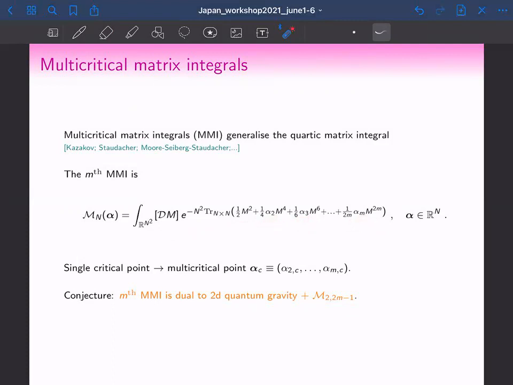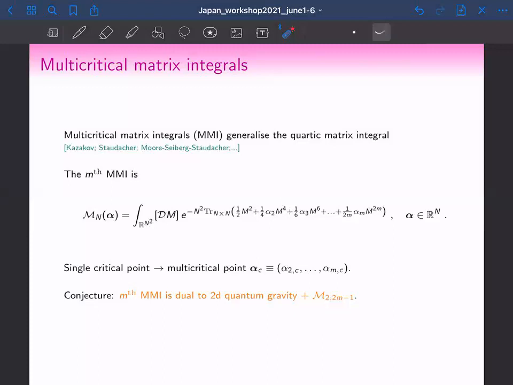And much in the spirit of this quartic matrix integral, where we had a single critical point, in the multi-critical matrix integral we have a multi-critical point. So all of these couplings can assume critical values. And if you tune all of these couplings to this multi-critical point and take n to infinity, it has been conjectured that the m-th multi-critical matrix integral is dual to two-dimensional quantum gravity coupled to essentially exactly the minimal model M(2,2m-1).